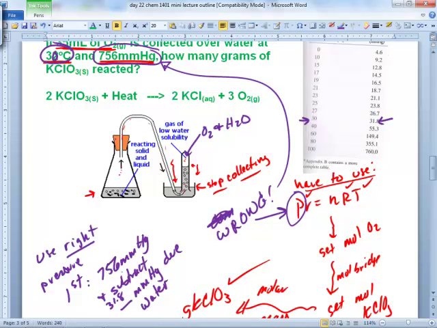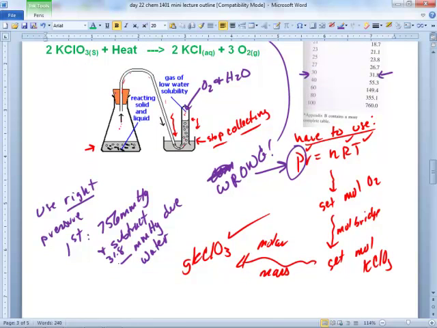So before you even start this whole question of what's written in red, you have to get the right pressure. This has to be the pressure due only to oxygen, so you get the number of moles of oxygen. Otherwise, you're using the total pressure, and you're going to get total moles.